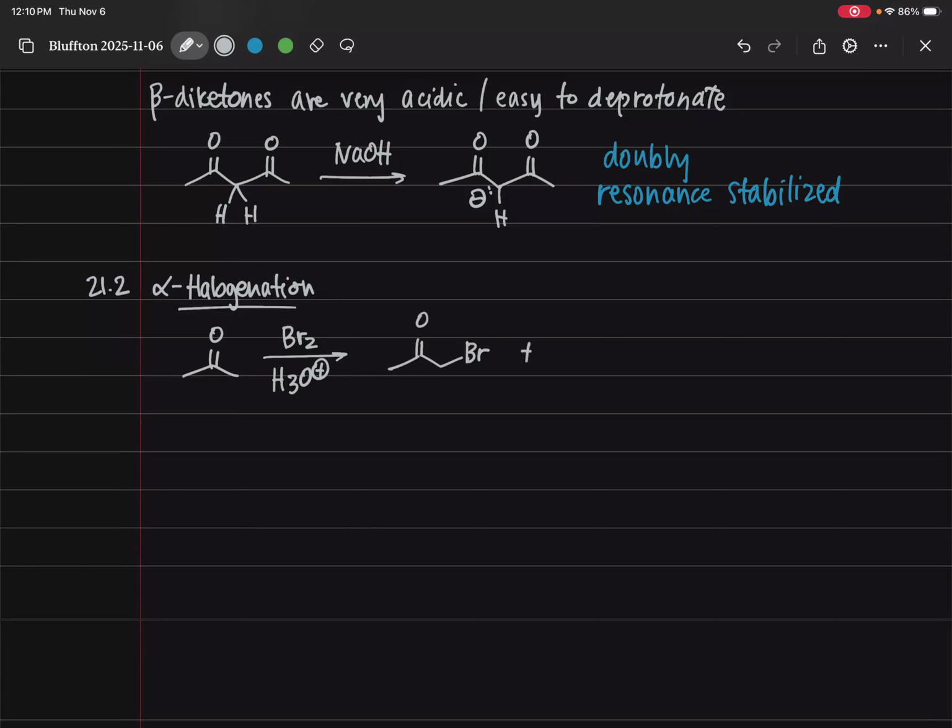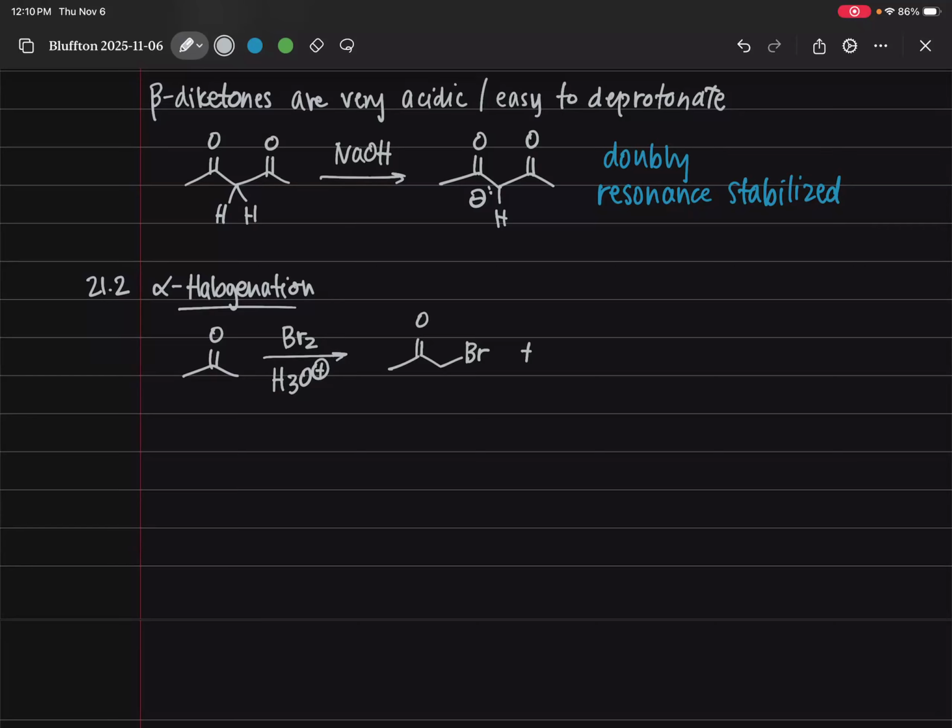So we're going to get a bromine installed at the alpha position. Now, when you're counting alpha, beta, etc., make sure you don't say, okay, this carbon is the carbonyl carbon, this carbon is the alpha carbon, so the bromine is next to the alpha carbon, so it's beta. It doesn't work like that.